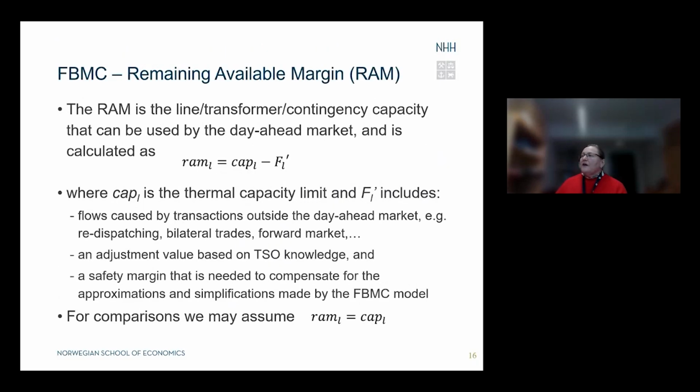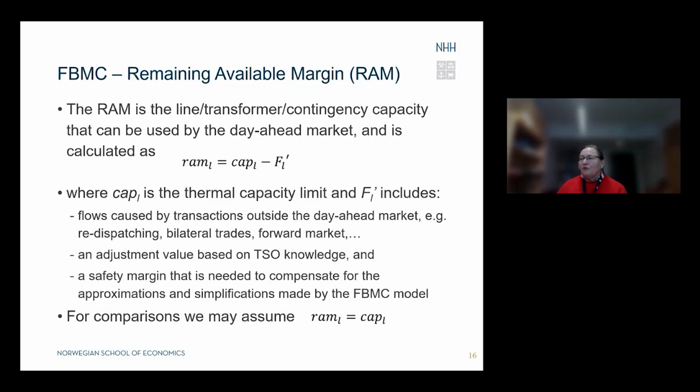When it comes to this remaining available margin, that is the capacity that can be used in the day-ahead market. And that is typically calculated as the nominal capacity on an element minus a deduction. And this deduction can have various reasons.